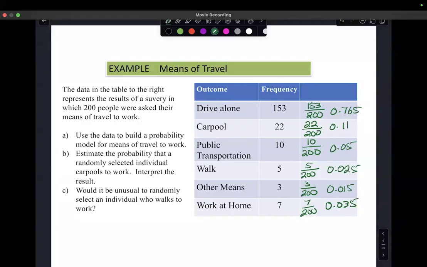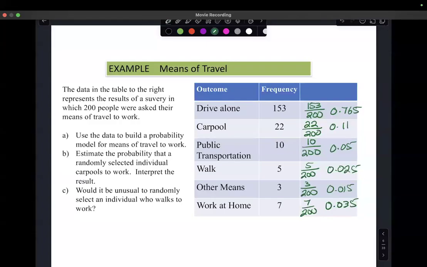It says estimate the probability that a randomly selected individual carpools to work. I'm taking a look at this and it's 0.11, so 0.11 is my probability, or 11%. What this means is if I randomly selected a commuter, a person, there's an 11% chance that person carpools.